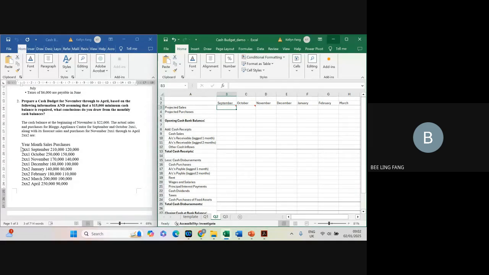Okay, year, month, sales, purchase. Sales is 210,000 for September, 250,000 for October. Then we put in the purchases: 120, 150. November, 170 and 140.